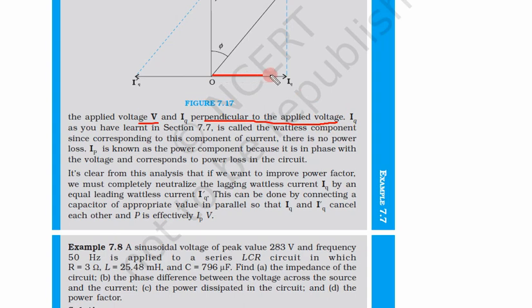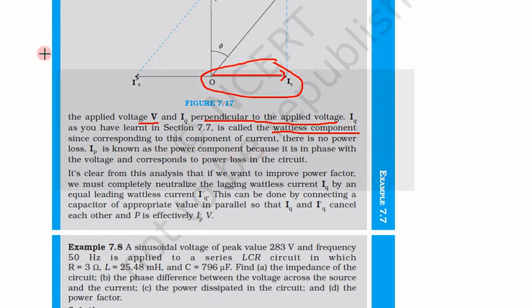Now this current IQ, as we have learned, is called the wattless component. Why? Because in this case current is flowing but no power is consumed. IP is known as the power component.